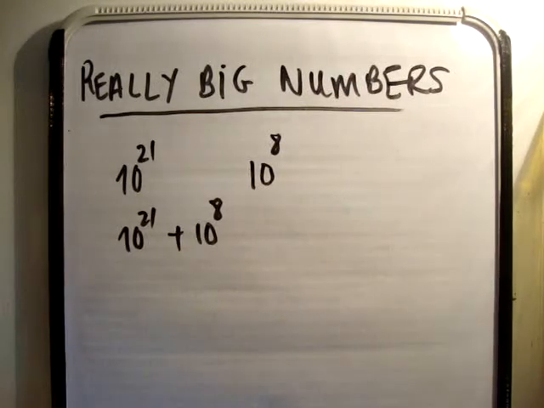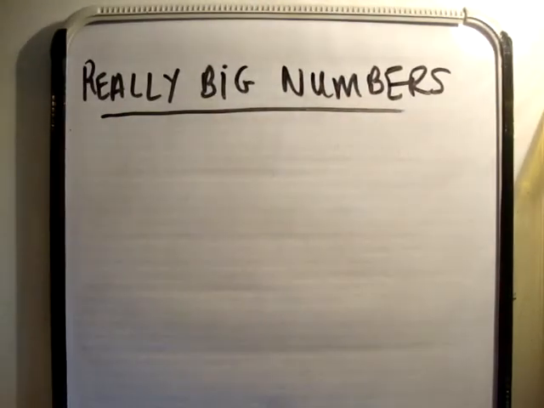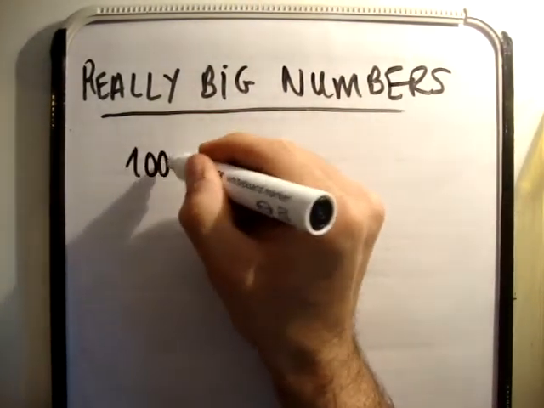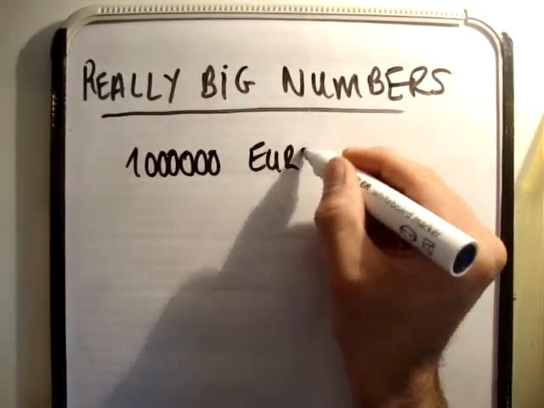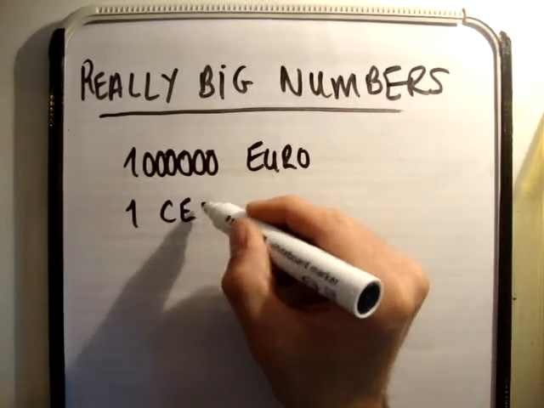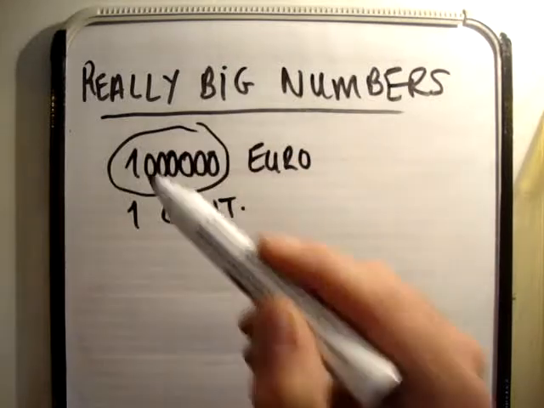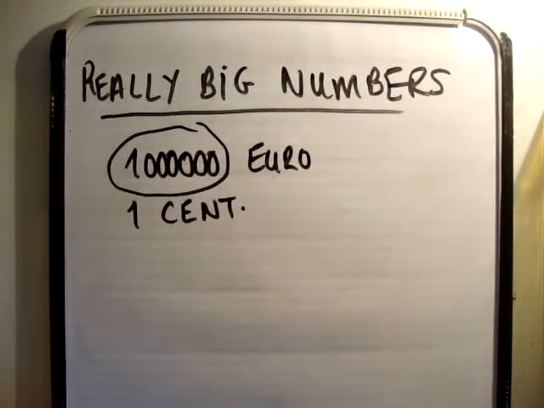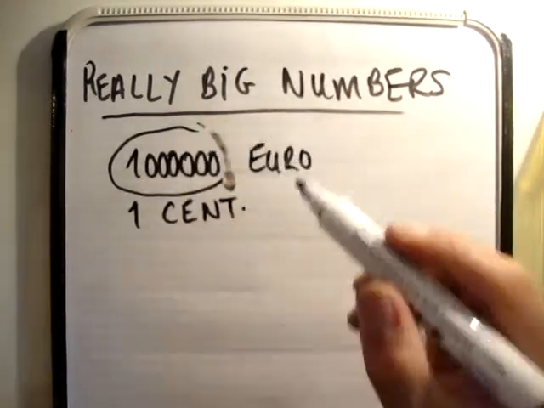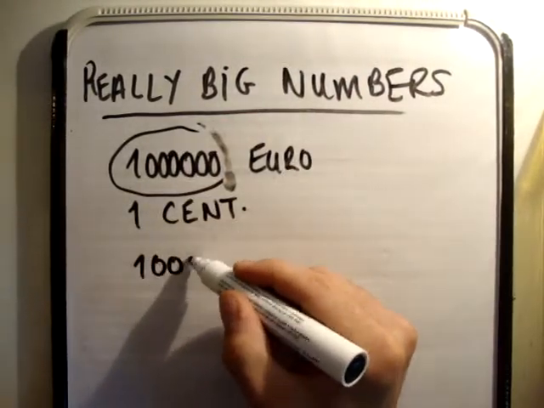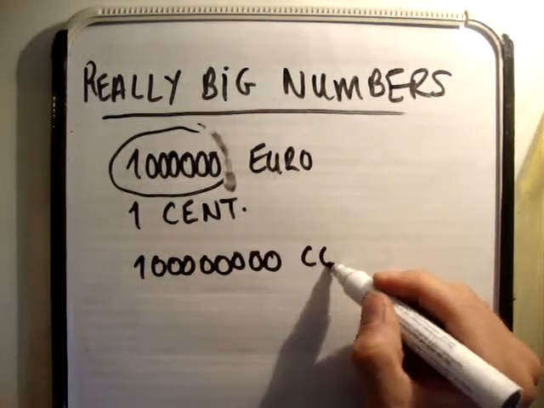Alright? So the point I'm trying to make is 10 to the 21 is ridiculously big in comparison with 10 to the 8. Okay? One more comparison I'd like to make is, if you had 1 million euros and I told you I was taking 1 cent from your million euros, you would still say you have 1 million euros, because you have 1 million euros and each euro is worth 100 cent. So you actually have 1, 2, 3, 4, 5, 6, 7, 8 zeros of cent.